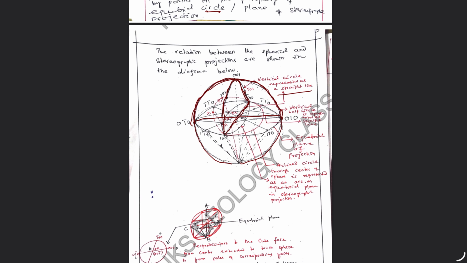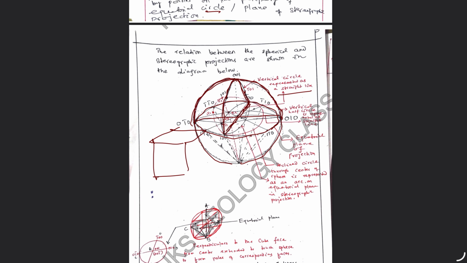This is the projection. So all vertical half circles are represented by straight lines in the plane of projection, or the plane of the equator. In this equatorial plane of projection, we plot the faces which are vertical.